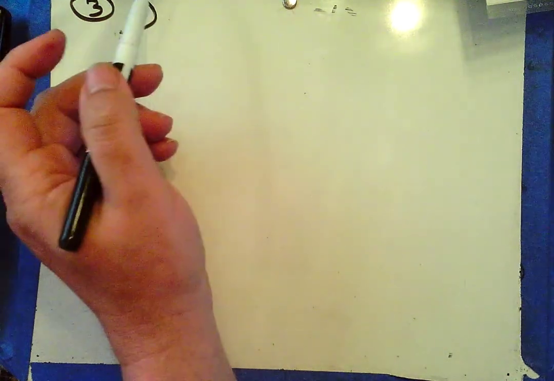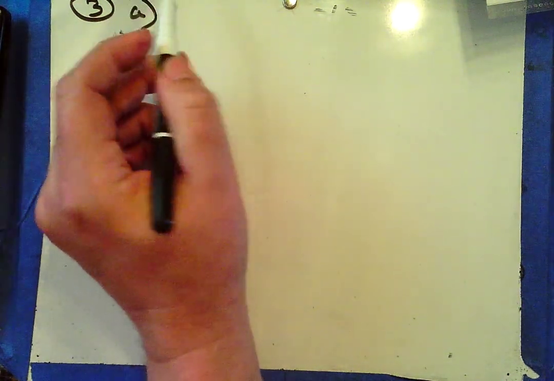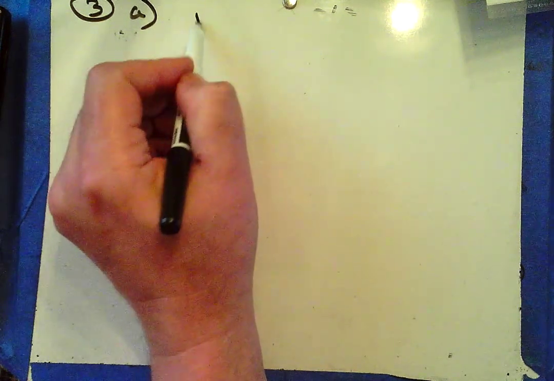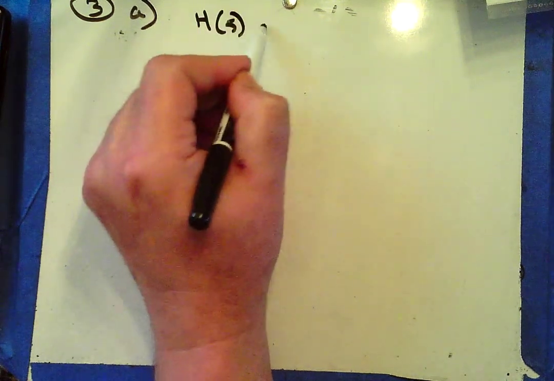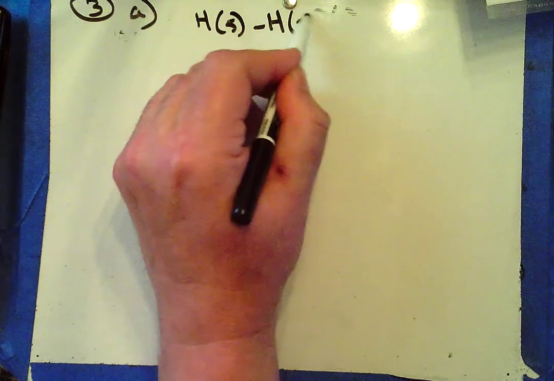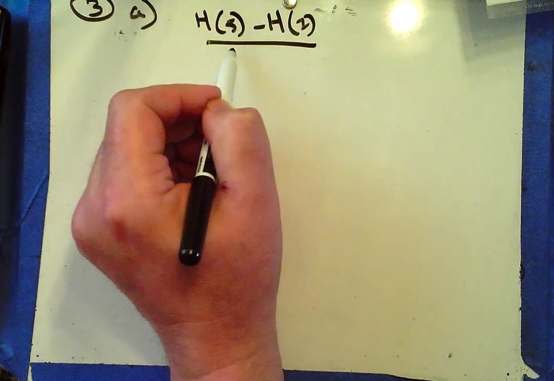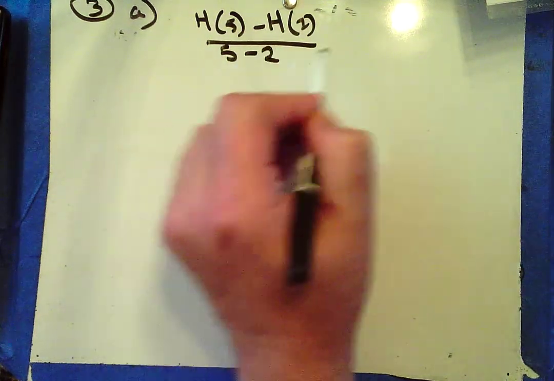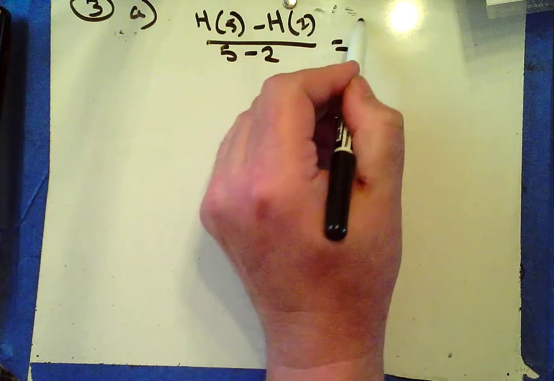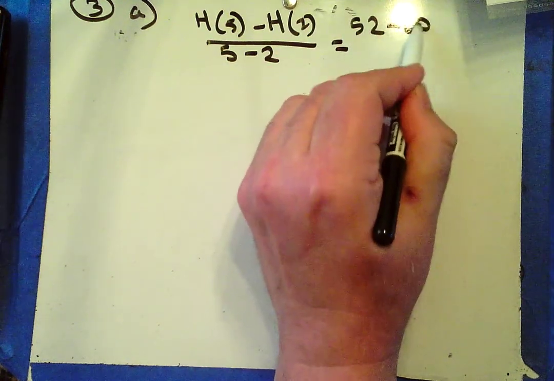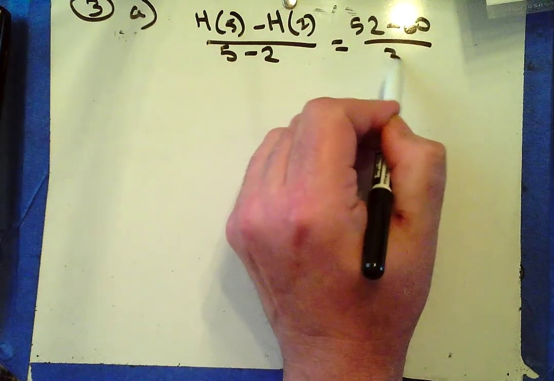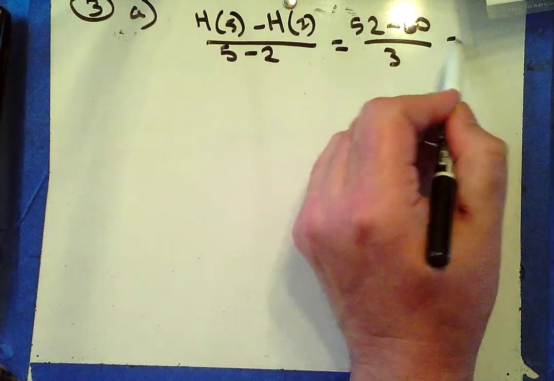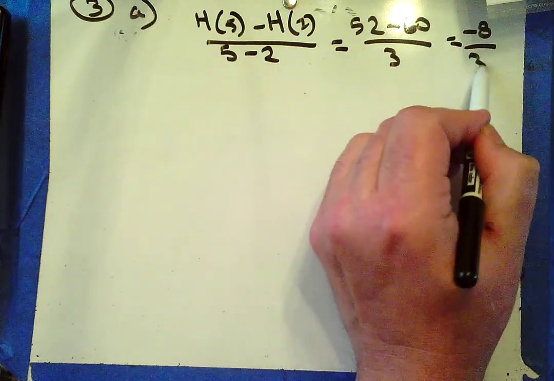Well, I don't have 3.5, but I can approximate this by saying h of 5 minus h of 2 over 5 minus 2. And so that's 52 minus 60 over 3, which is negative 8 over 3.